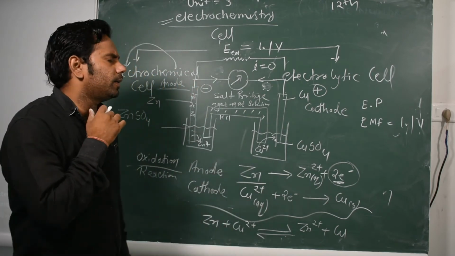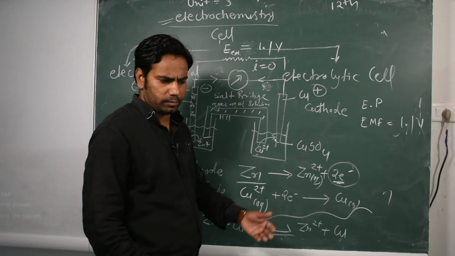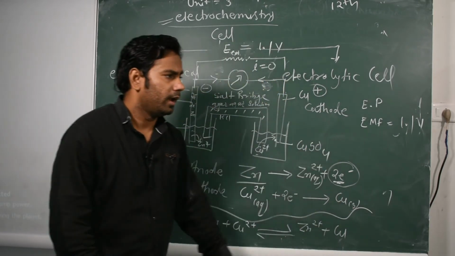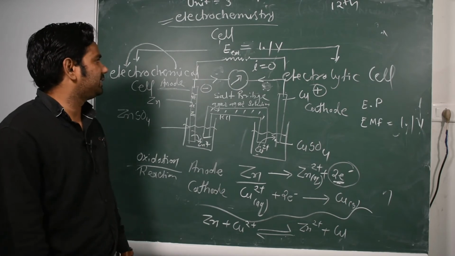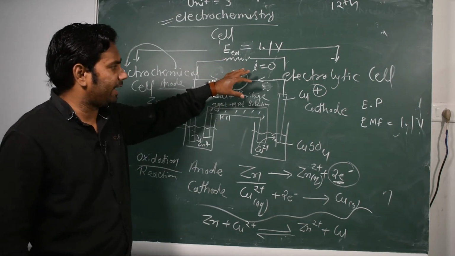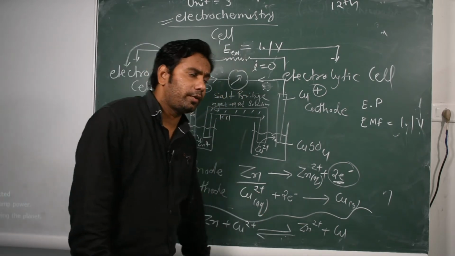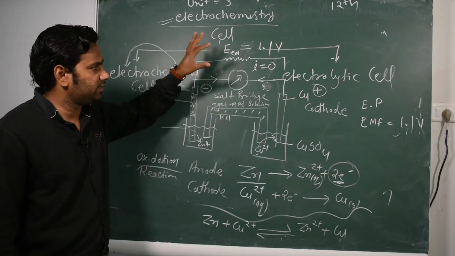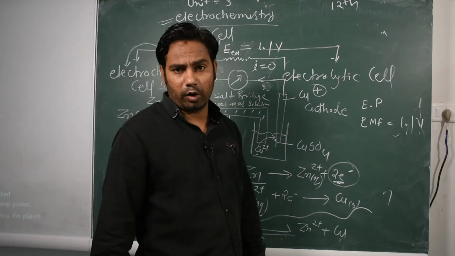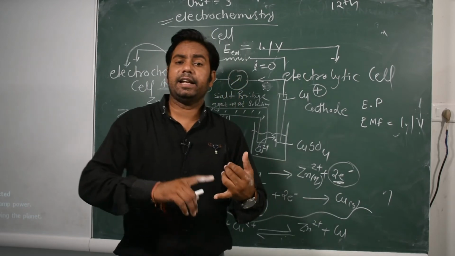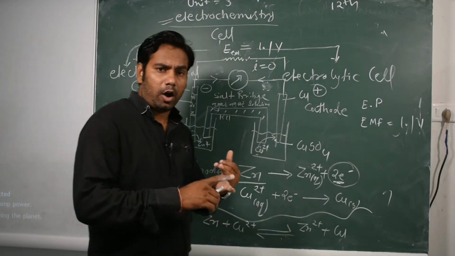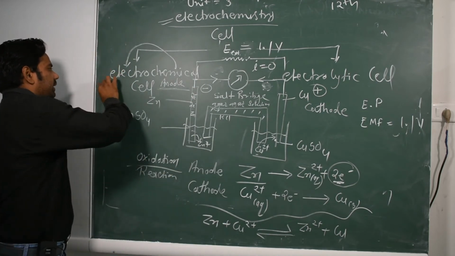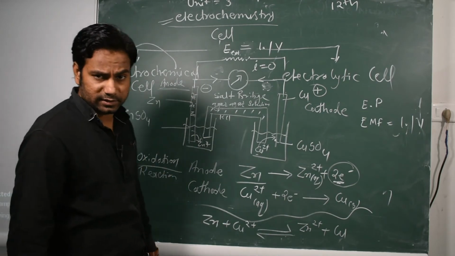Some years ago, a question was also asked on this: when in a galvanic cell I is equal to 0? When E external is equal to 1.1 volt. Daniell cell, voltaic cell, galvanic cell are all names for the electrochemical cell.